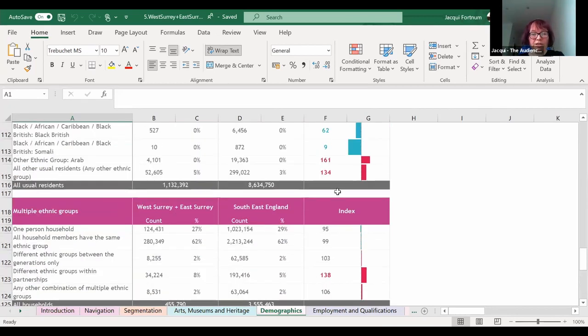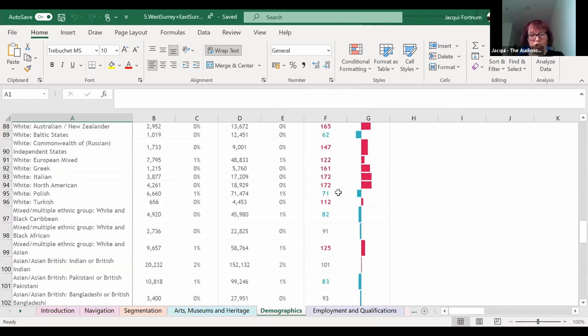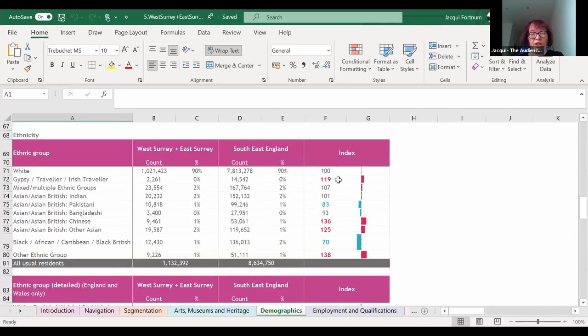And just to say, this indexing, which you will see frequently throughout the reports, just gives you the level of higher or lower compared to the base comparator. So for your catchment area, anything that's over indexing, i.e. these people are more highly represented in your catchment area than they are in the base population as a whole, will appear in red.